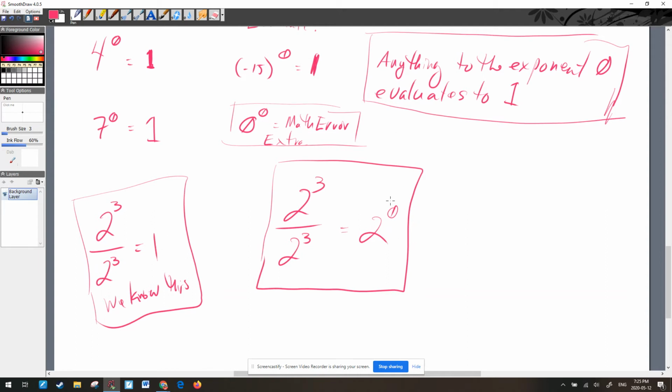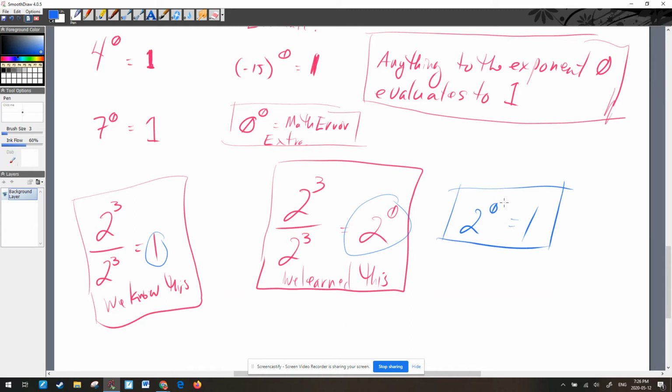New math tells me it's 2 to the 0. These two things must actually be the same. So 2 to the exponent 0 is 1. So anything to the exponent 0 works as 1.